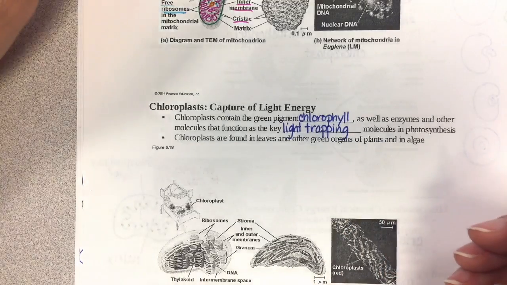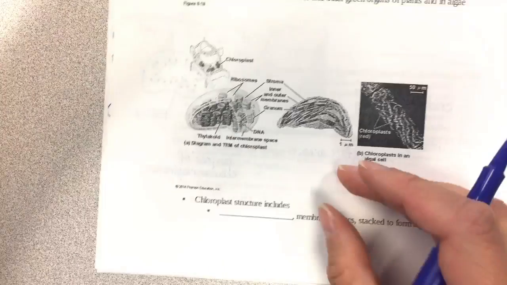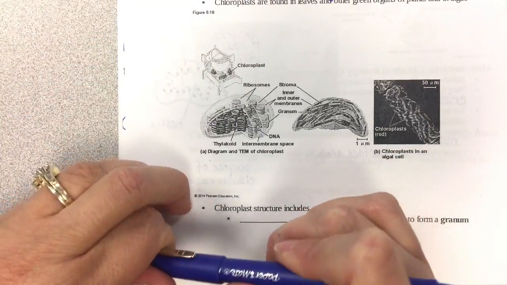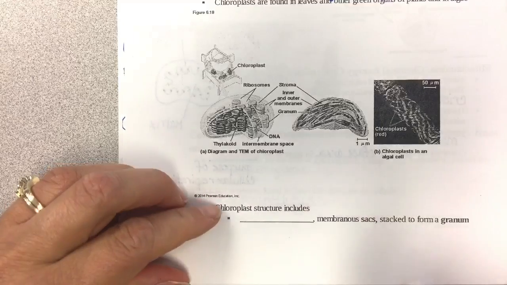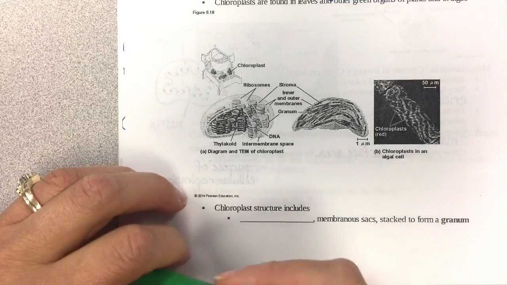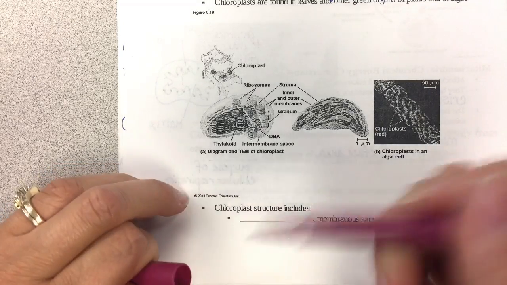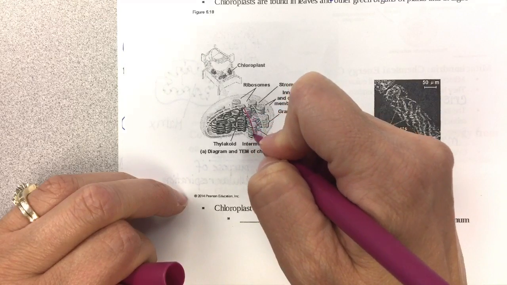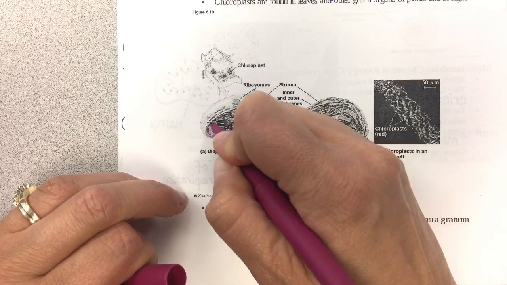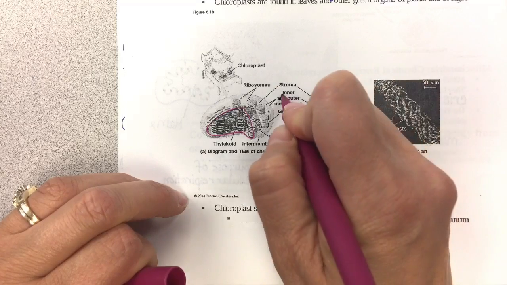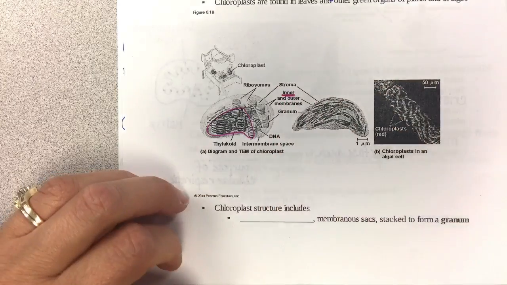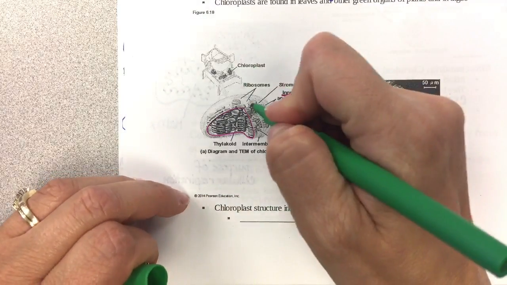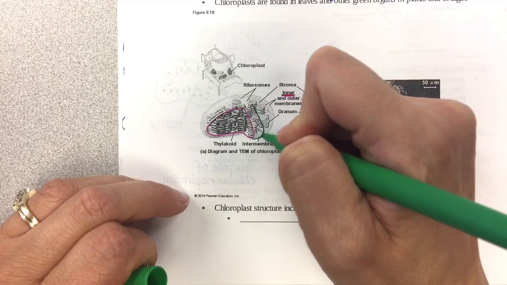So when we look at the structure of a chloroplast, we see that this one also has an inner and outer membrane. So you have right here the inner membrane. This is the cross section, inner membrane. And then you have your outer membrane, that's this part here, so you can see the cross section.